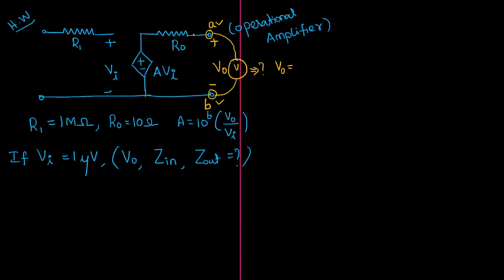Just think about it. If you observe the output port, that port is already open circuited. Yes or no? This terminal is open circuited. When the network is open circuited, between these two junctions, do you have any loads? No. So this is called an open circuited line. When the line is open circuited, what can be the current? What is the reasonable amount of current that can flow through the line?